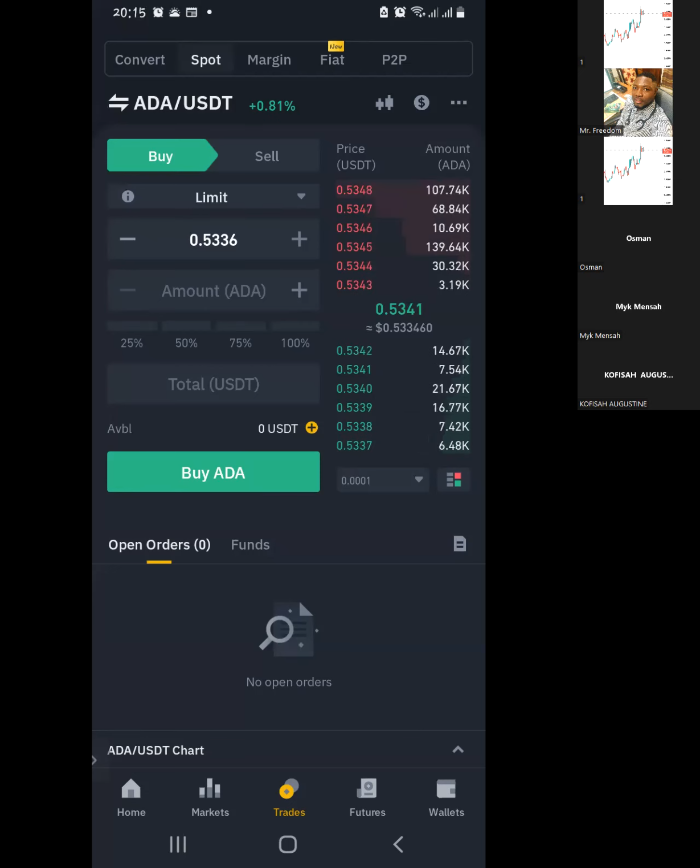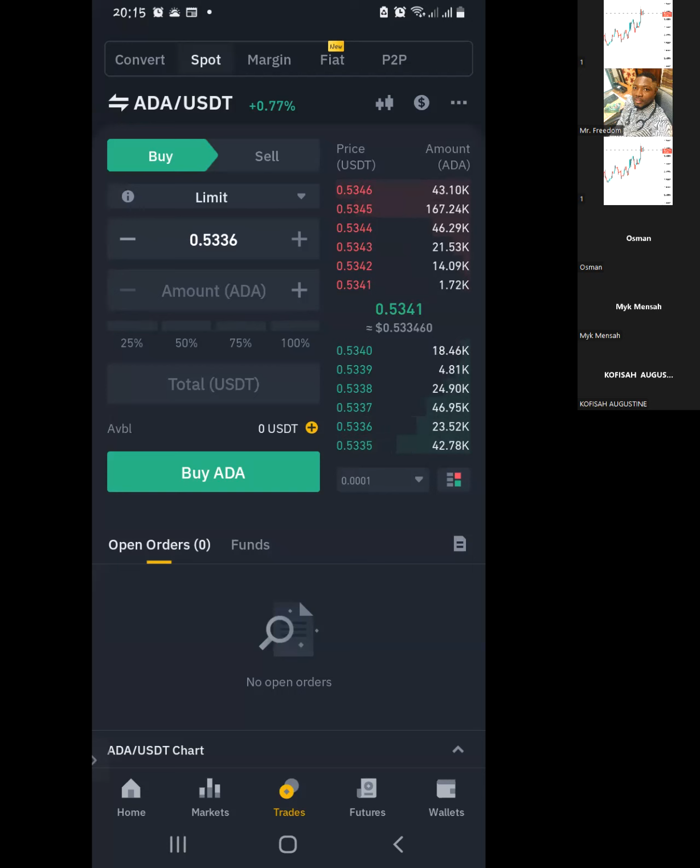All right, don't worry, when I get to futures, I'll explain what the difference between futures and spot is. So now when you are here, this is spot. Spot means that if I have $10 to trade, that's the only money I can trade with. I can't trade with more than the money I have in spot. So if I have $10, the maximum I can trade with is $10.